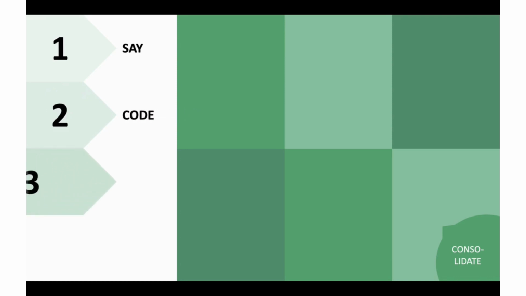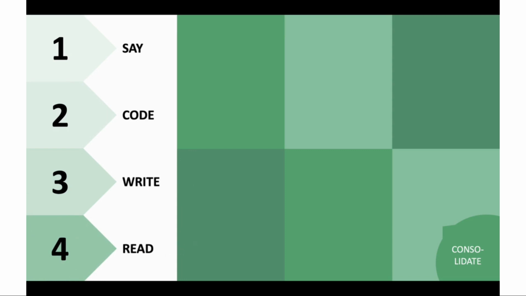Now it's time for you to build your own words. Remember, we clap it, we say the word, we code it, we write it, and of course, we read it. These are the words that you are going to be building today.